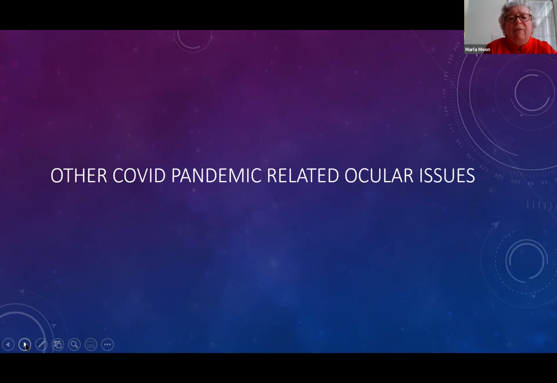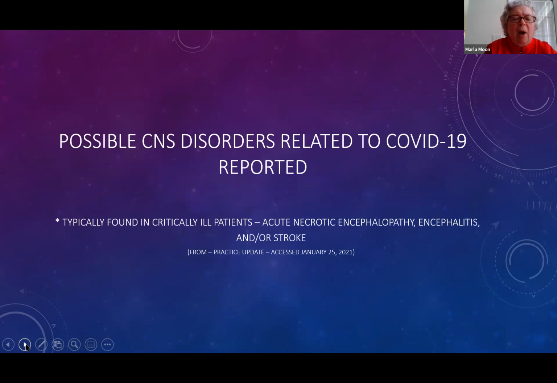So again, we're going to find things as time goes on, but so far nothing big, but other COVID pandemic related ocular issues. There's indirectly one that has popped up. Next slide, please. And it's this one, that possible central nervous system disorders related to COVID have been reported. They've typically been found in individuals that were critically ill, and they're acute necrotic encephalopathy, encephalitis, and or strokes.